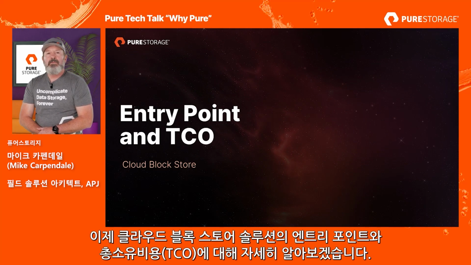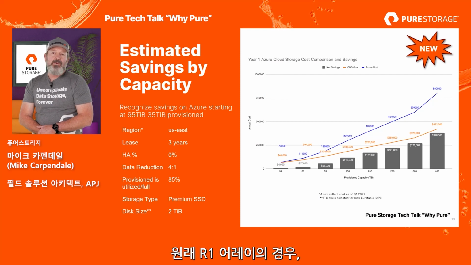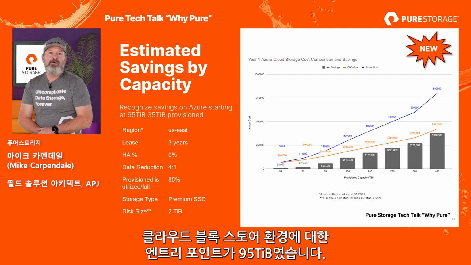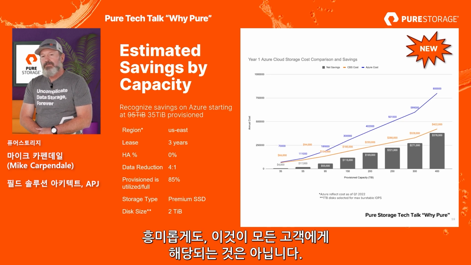Let's talk a little bit more about the entry point in TCO for a Cloud Block Store solution. Originally, with the R1 arrays, we were looking at roughly a 95 terabyte entry point into a Cloud Block Store environment. This meant that you needed roughly 95 terabytes for it to be a positive TCO model. Now, interestingly enough here, not every customer needed it to be a positive TCO.